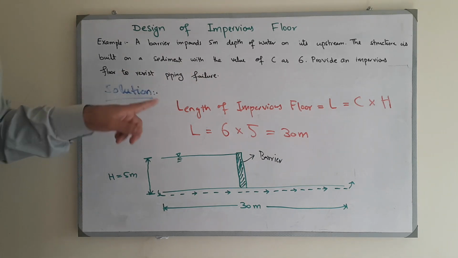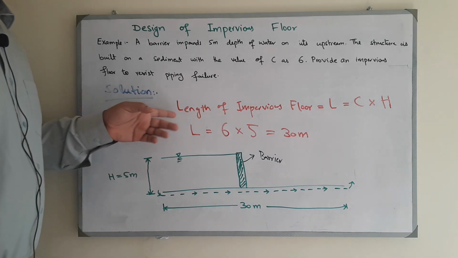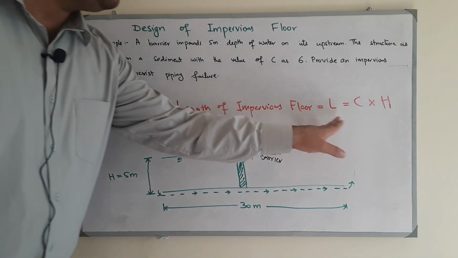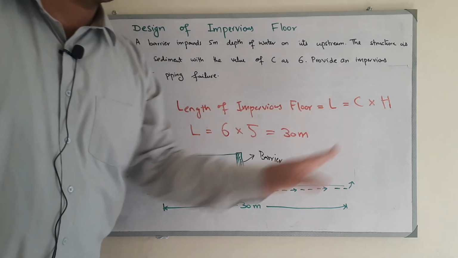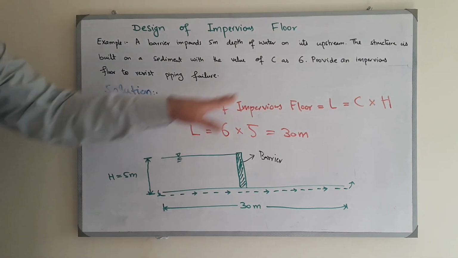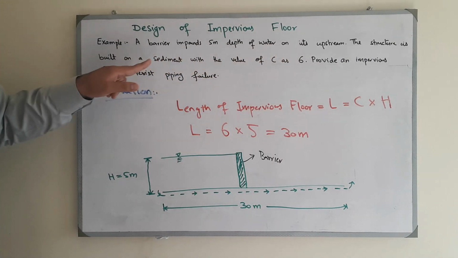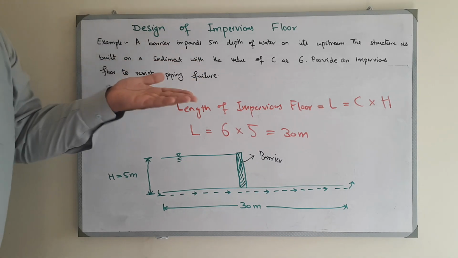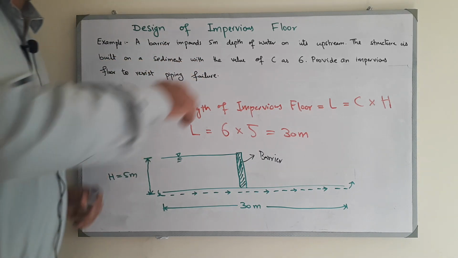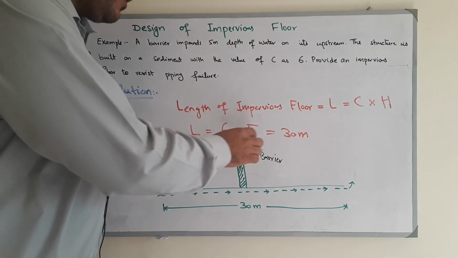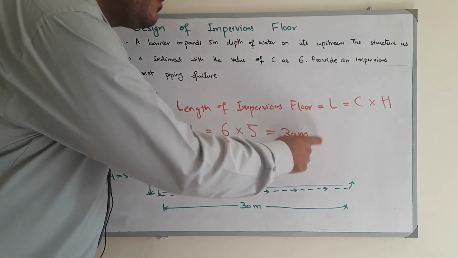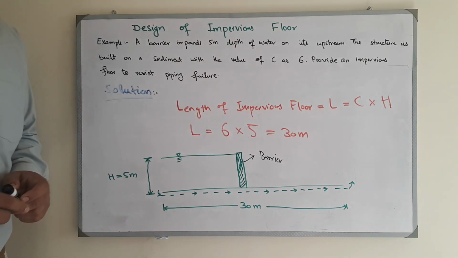We studied in the first part that the length of the impervious floor L is equal to C multiplied by H. Here C is 6 for the sediment on which the structure is built, and the depth of water is 5 meters. So the length of the impervious floor should be 30 meters.